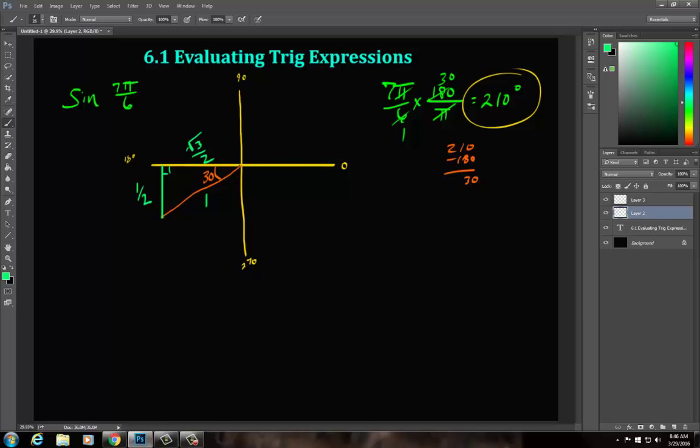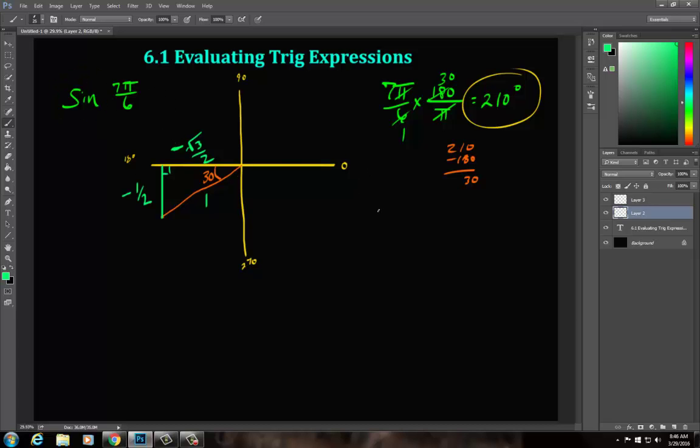We can see that this is moving left on the x-axis, so that would be negative. And this is moving down on the y-axis, so that would be negative. So we need to assign those values. You're probably going to have to brush up on that a little bit tonight. Now, it's actually easy once you get it to this point, because what we have to do is figure out what the sine of that is.